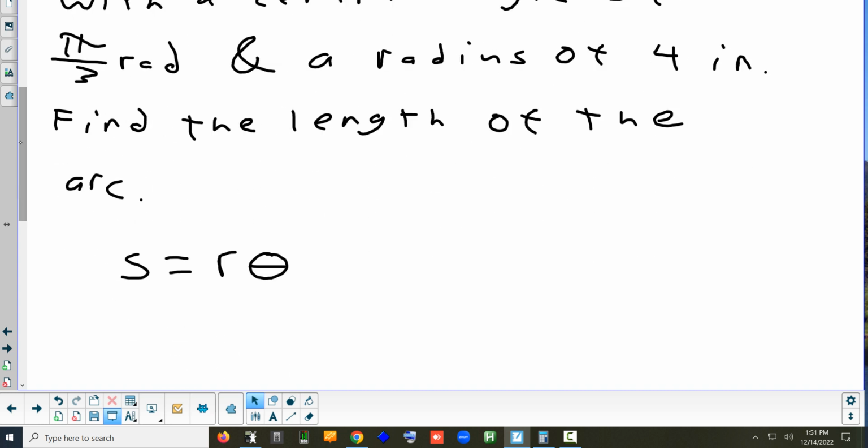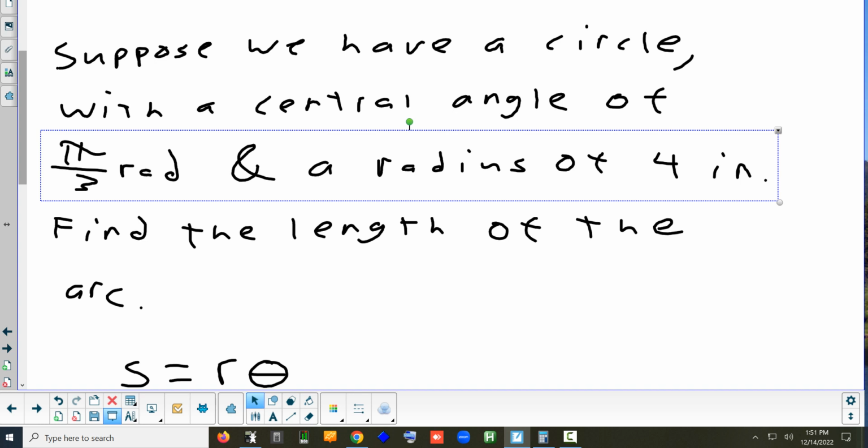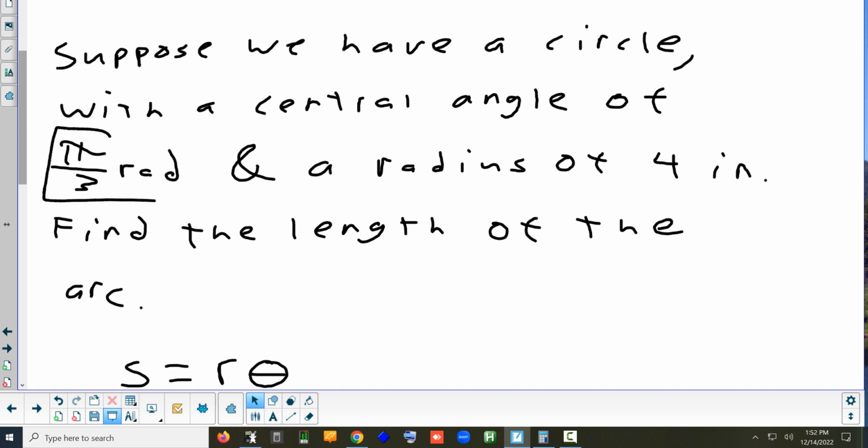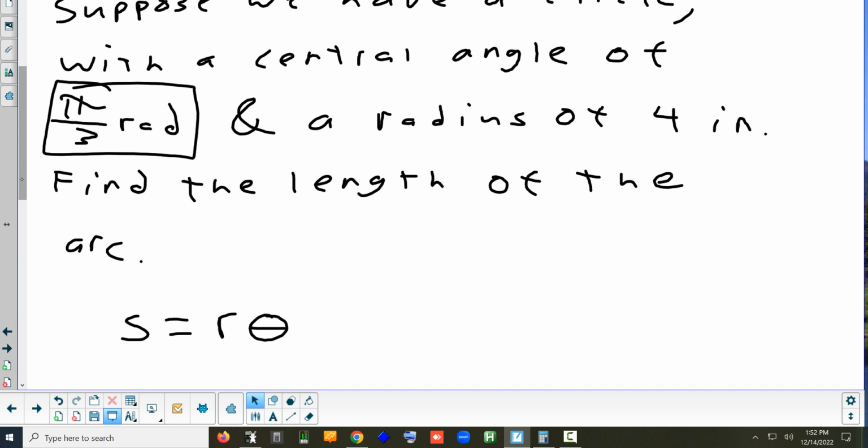S equals R theta. And reading through it, can somebody tell me, let's start with this pi over 3. What is the pi over 3? That's my angle. This part right here is the angle. And what letter in this formula is the angle? Theta. So that's going to go there.